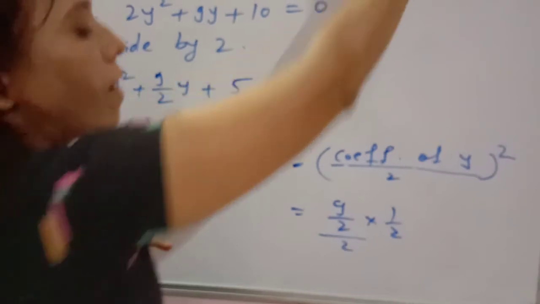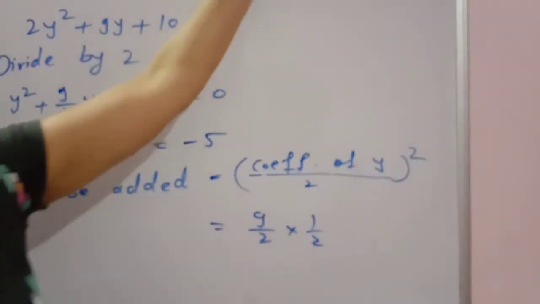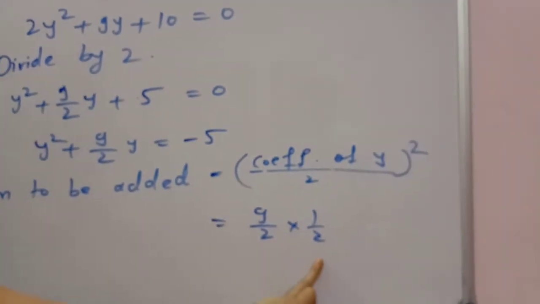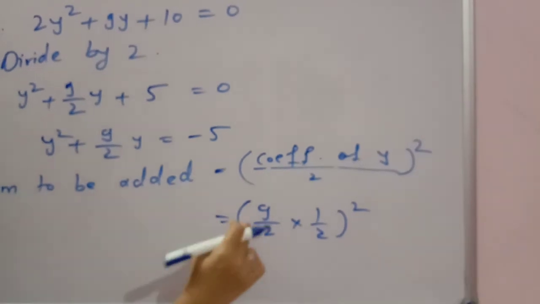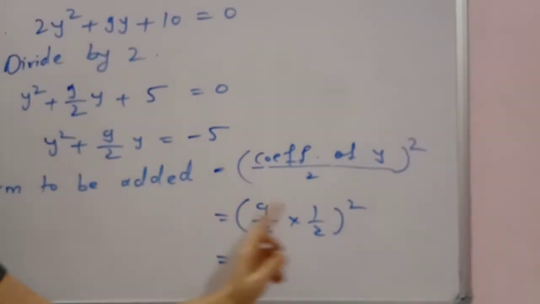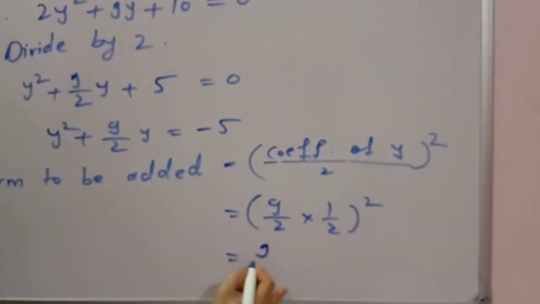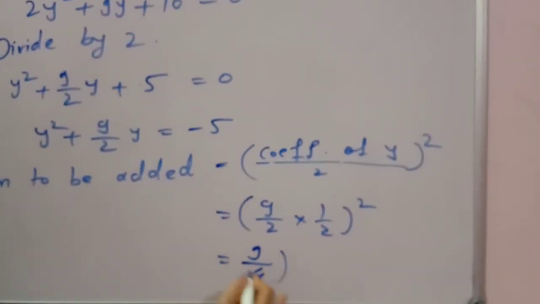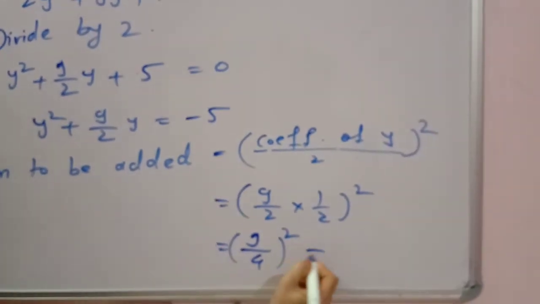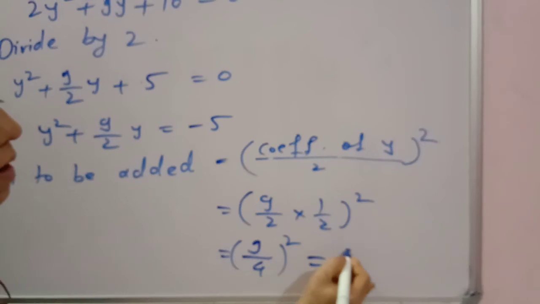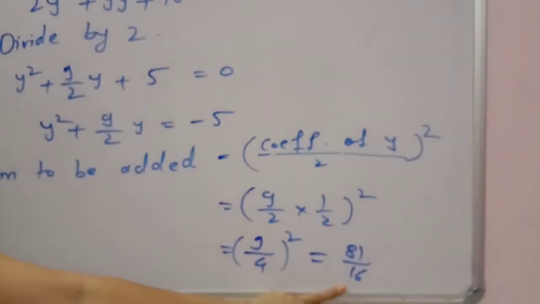To divide by a fraction means to multiply by its reciprocal. So reciprocal of 2 is 1 upon 2, bracket square. Multiplication of fractions: multiply both numerators, that is 9, multiply both denominators, 2 multiplied by 2, 4. That is bracket square. Now the square of this fraction: square of 9 is 81, square of 4 is 16, and this term we have to add.